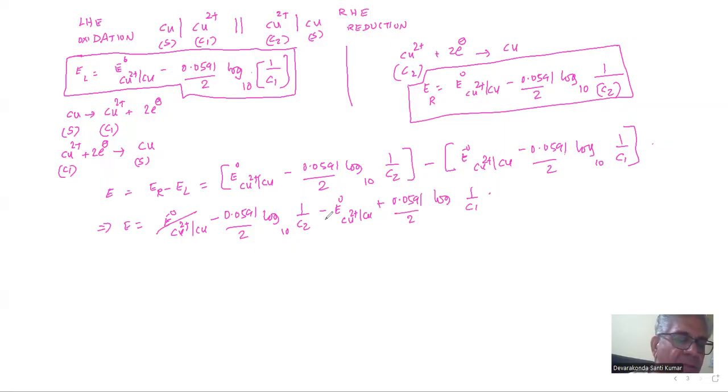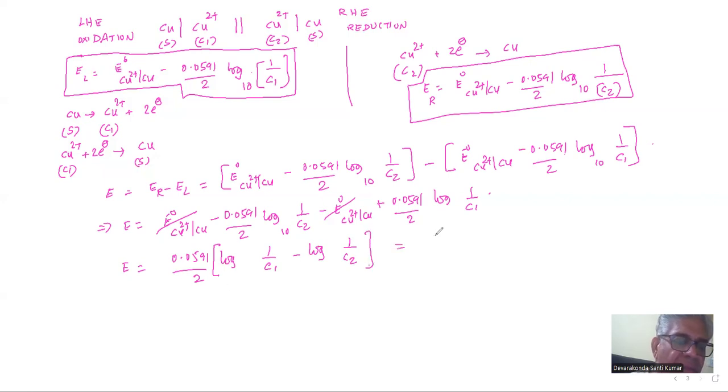So E0 gets cancelled, and this is equal to 0.0591 by 2 log 1 by C1 minus log 1 by C2.